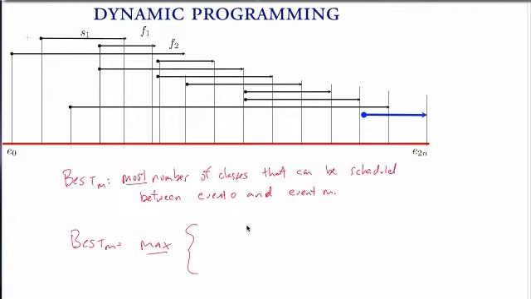So the dynamic programming solution, if you again start by considering this very last event, you're either going to take this last class or you're not. If you take this last class, then the max is going to be 1 plus the best schedule you have for the start. So this was event 2n.